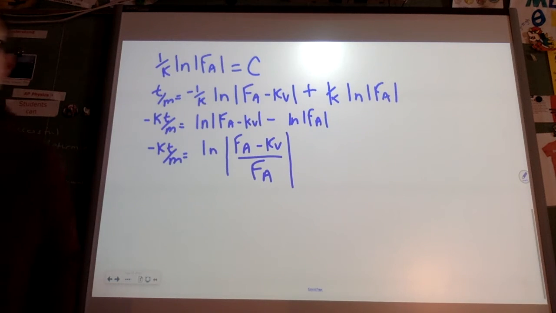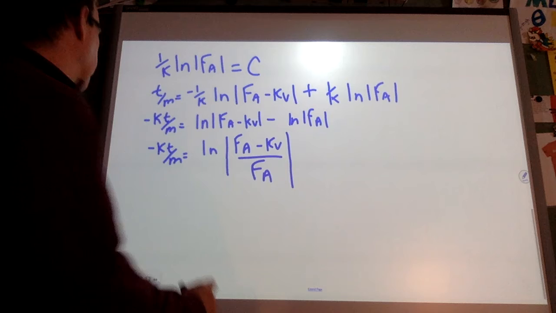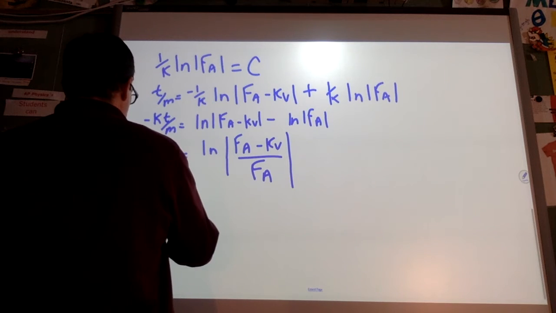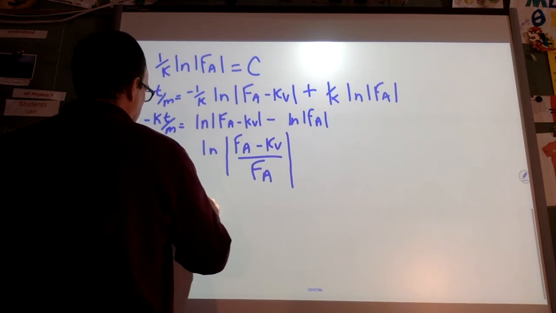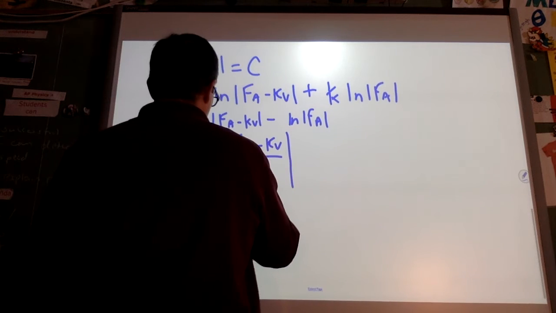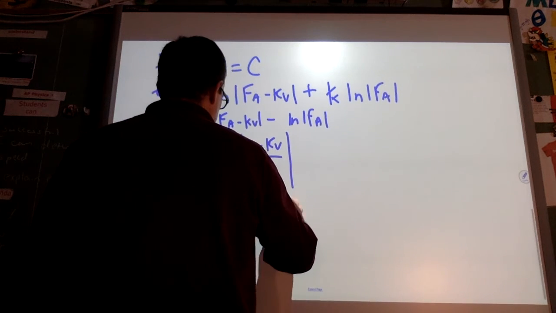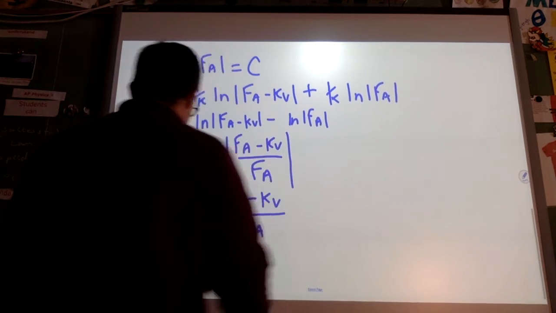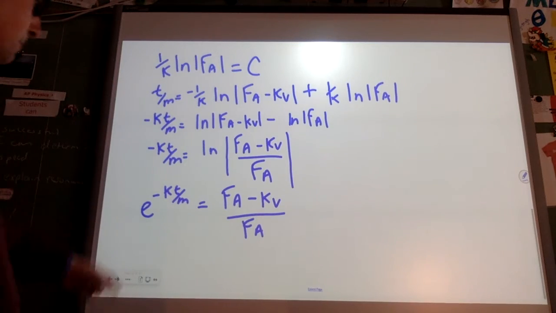And then I want to take e to either side to undo the natural log. And I'm going to get e to the minus kt over m equal to FA minus KV over FA. And then I'm going to multiply both sides by FA.